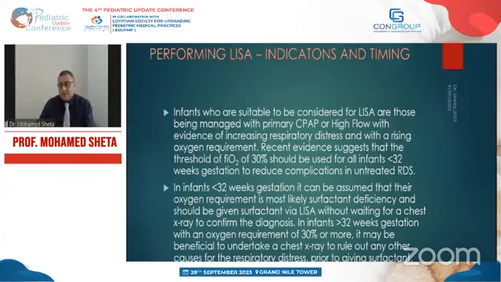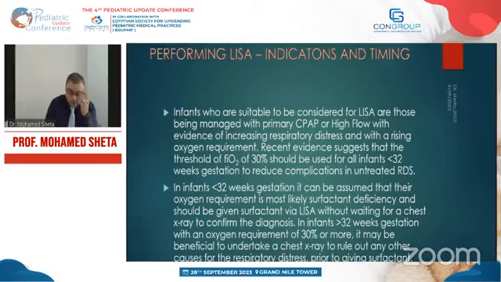If the lung is friable, if the baby has severe congenital pneumonia, once you give surfactant, most probably the lung will rupture and you will have air leak syndrome, which is easy to be pneumothorax, but it could be much more dangerous, like pneumomediastinum or interstitial air leak syndrome, which will be dangerous. So you need to wait for the chest X-ray.